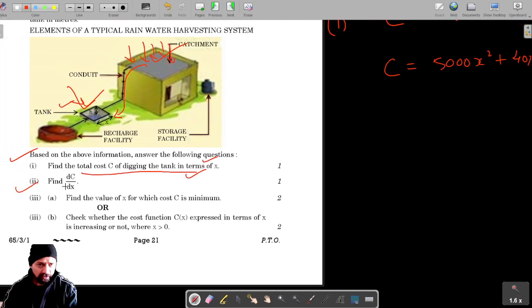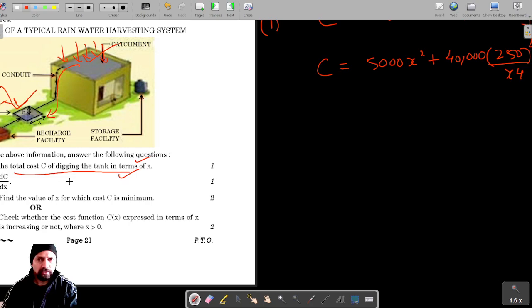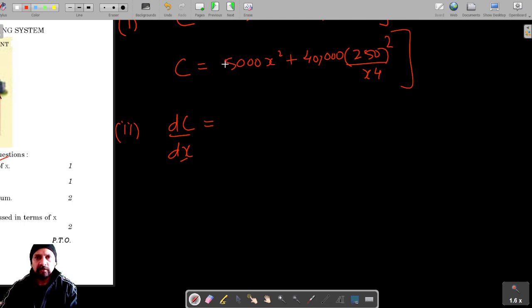Now we have to find the rate of change of cost with respect to the side of the square base of the tank. That is dc by dx. We have to differentiate this with respect to x. So differentiating this with respect to x will give us 5,000 into 2 is 10,000 x, plus this is 40,000 into 250 square.